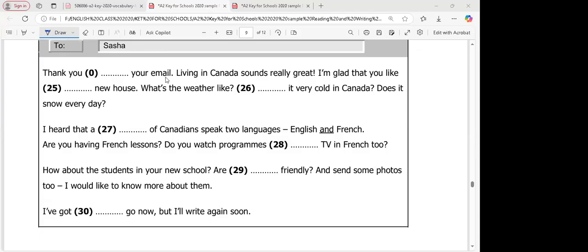You have started with it, no need to write the example. But the second answer you put, living in Canada sounds really good, really great. I'm glad that you like it. Your answer is correct. 25 correct. Then what is the weather like? Next, 26 also correct. You can mark correct. And here 27 is wrong.